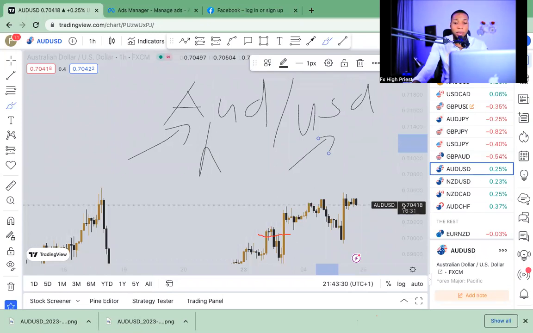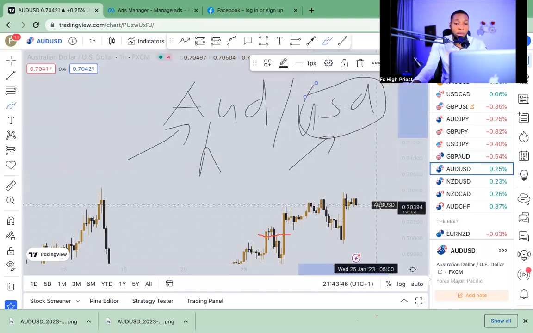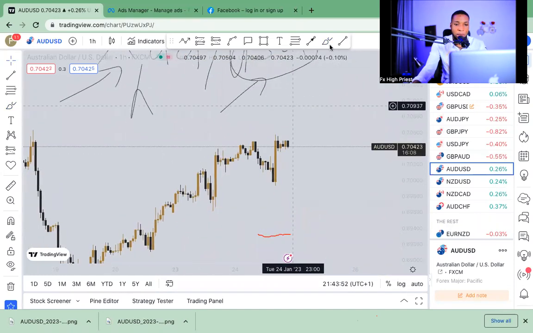This price you're seeing here is telling you the amount of the quote currency you need to get one base currency right now. This means that you don't even need up to $1, one United States dollar, to get one Australian dollar. Like this price we are seeing here now, let me write it out so you can see it clearly.